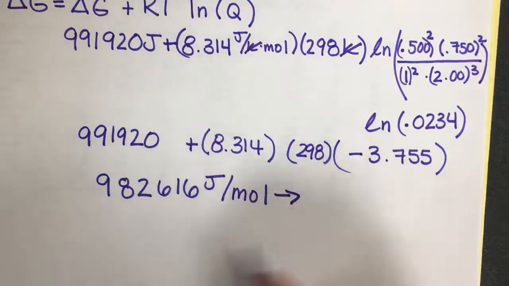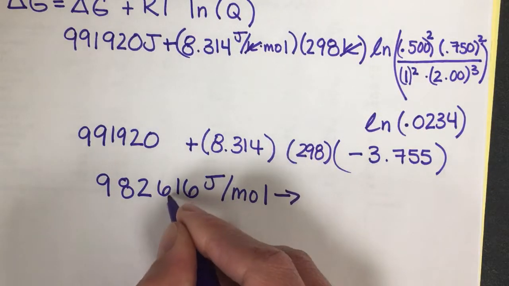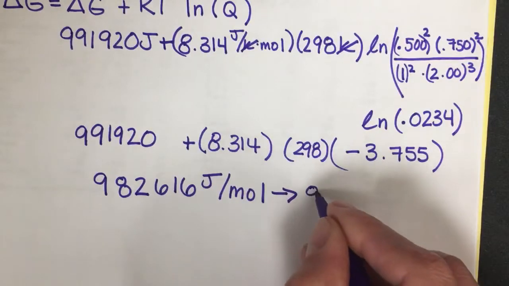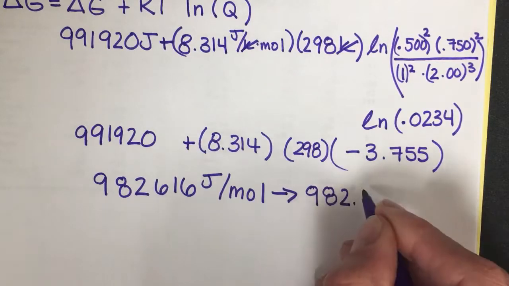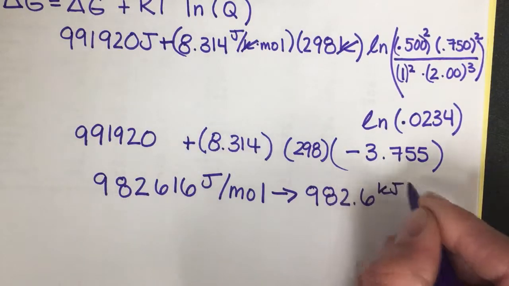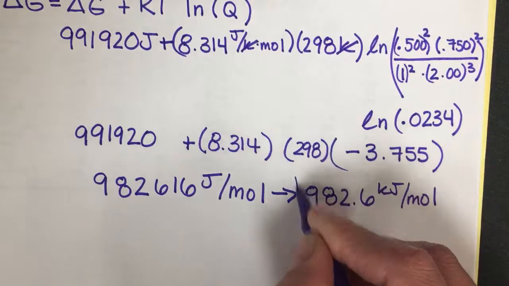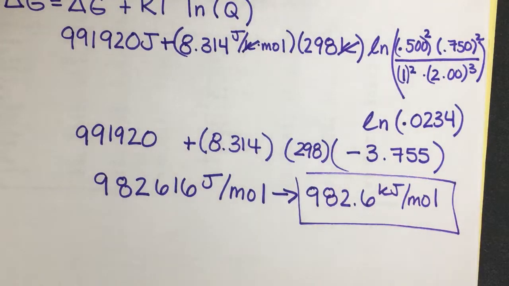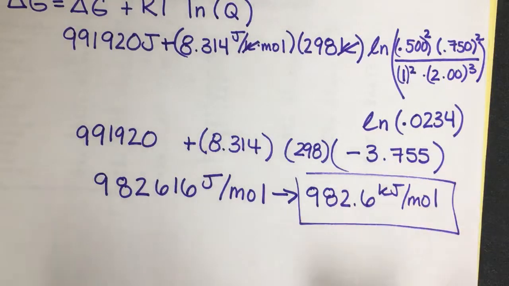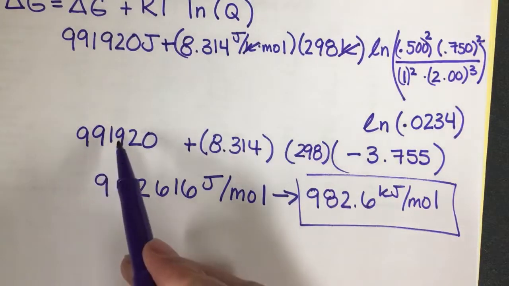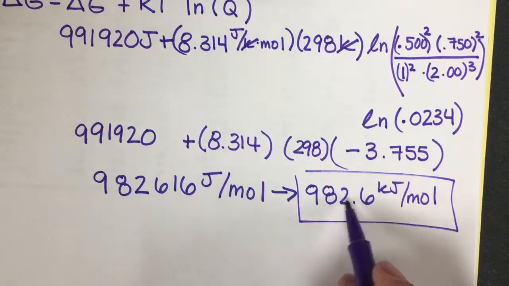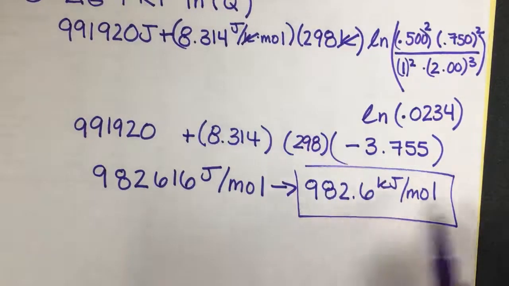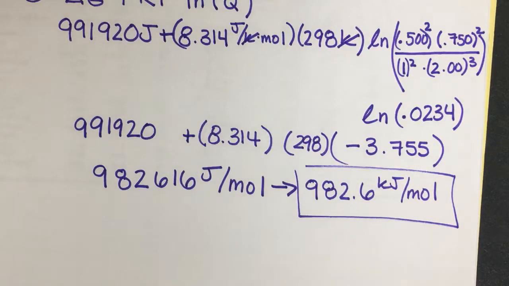Or I could say 982.6 kilojoules per mole, because delta G is normally given to me in kilojoules. Okay, so I went from 991.9 to 982. This is my non-standard conditions, okay?